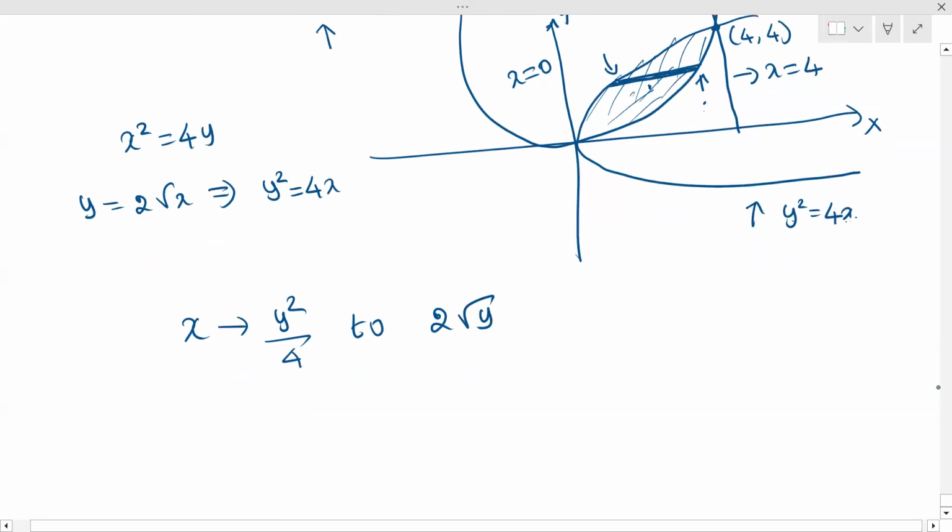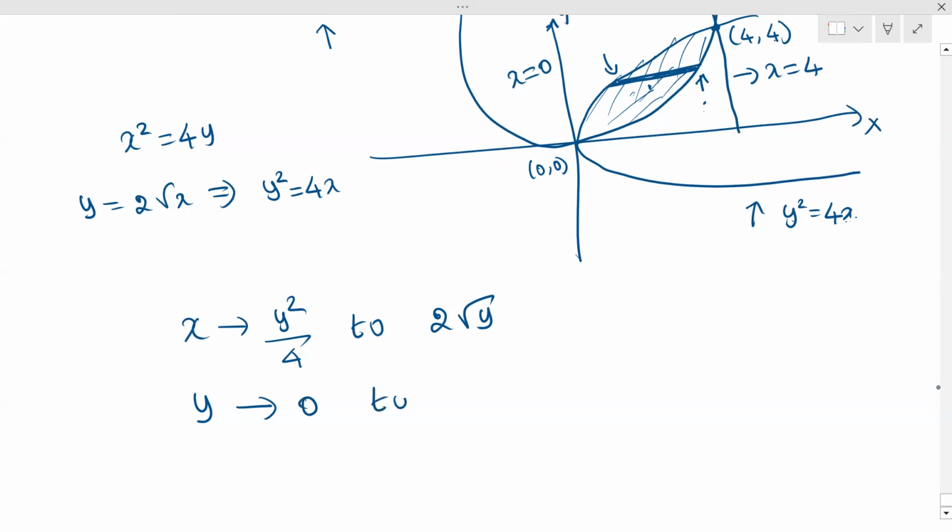Next, we have to find the outer integration limit. The outer integration limit should always be constant. So here we have to write the minimum and maximum value of y. Here it starts from the origin, so the lower limit of y is 0 and the upper limit of y is 4. So y varies from 0 to 4.